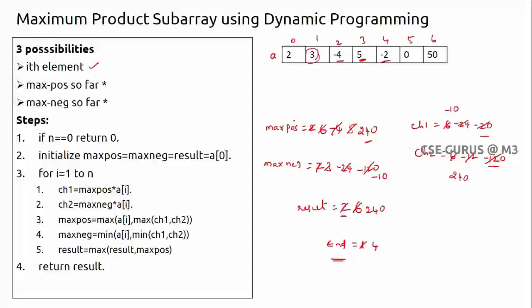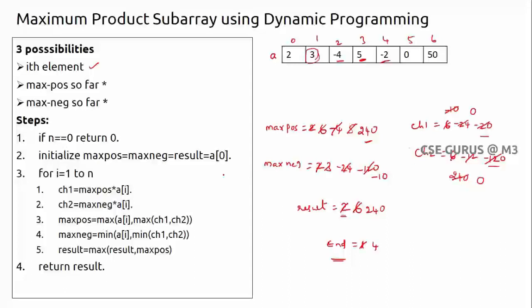Now you can see what happens for 0. Choice 1 equals max positive 240 into 0, so it will become 0. Choice 2, max negative minus 10 into 0, which is 0.